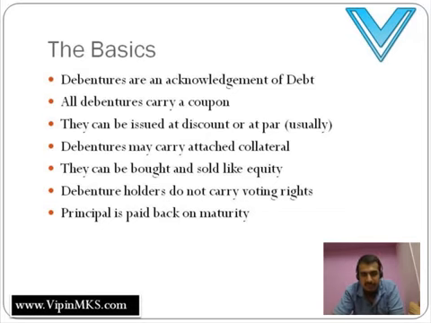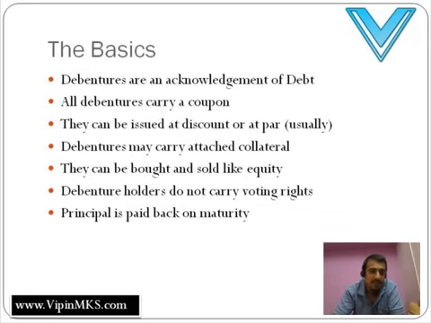Debentures may carry attached collateral, which means when the company issues debentures, they associate the company's property with these debentures. They give investors confidence that when you put your money in our company, we will guarantee that your investment is safe by attaching collateral.